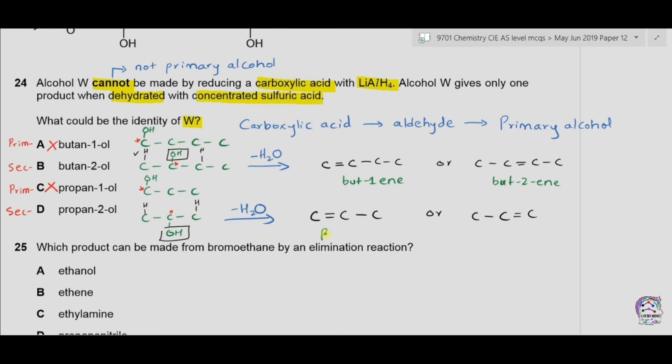We have prop-1-ene, and again the double bond is present on the first carbon atom, so this is also prop-1-ene. As a similar product is formed, only one product is considered. So the correct option is D.